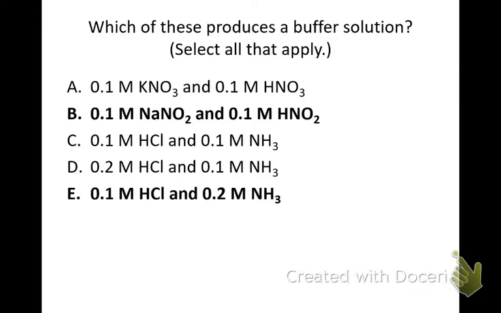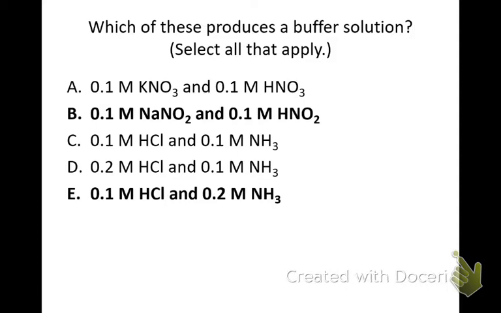Okay, C is a mixture of a strong acid and a weak base, but they're in equal amounts. So this is going to form water and NH4Cl. We don't have any of the NH3 form left, so that's not going to be a buffer. So if we look at option D, 0.2 molar HCl and 0.1 molar NH3, in this case, the HCl is going to neutralize all of the NH3 and have some HCl left over, so that'll be an acidic solution as well.